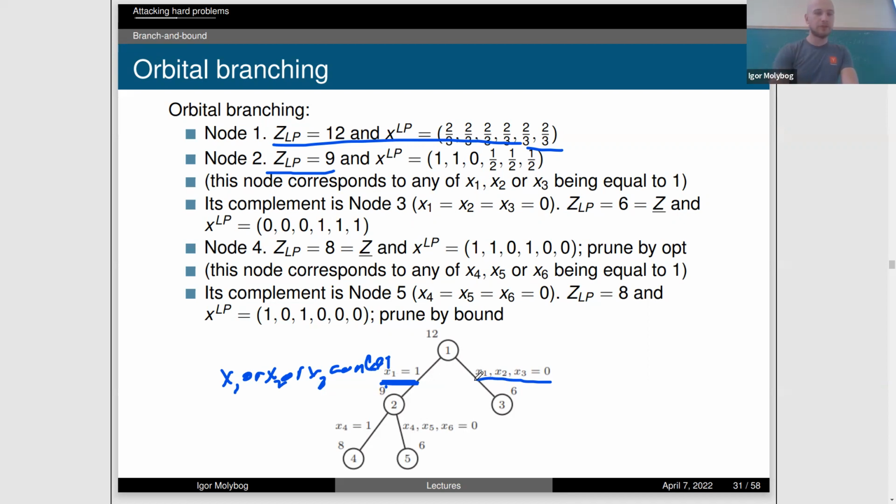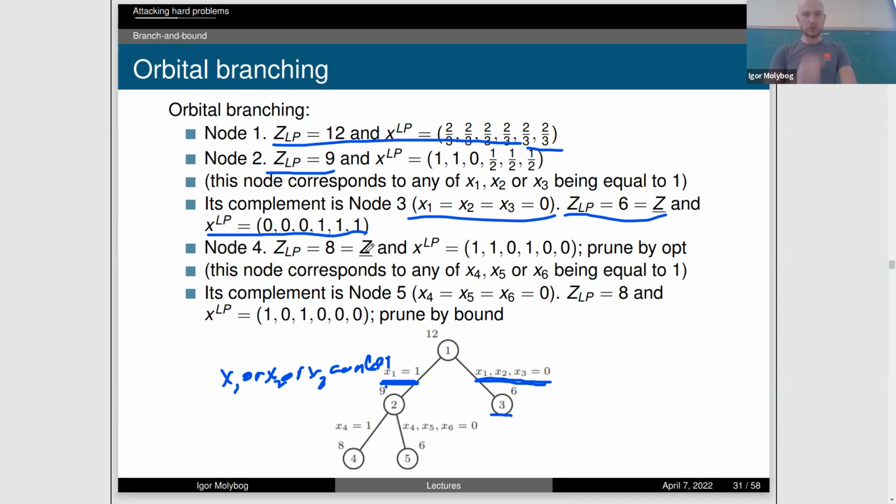So the alternative is saying that none of the variables x1, x2, x3 can be equal to 1, which implies that x1, x2, x3 are all equal to 0, and that leads us to a second node, node 3, for which we can also solve it exactly and get the lower bound and an integral solution. So we don't have to branch node 3 anymore.